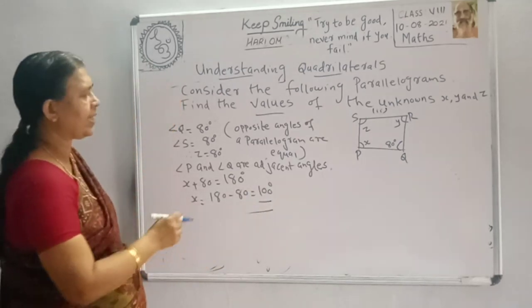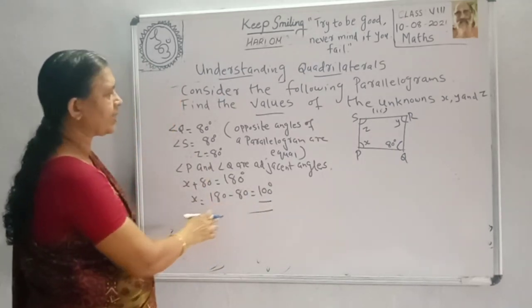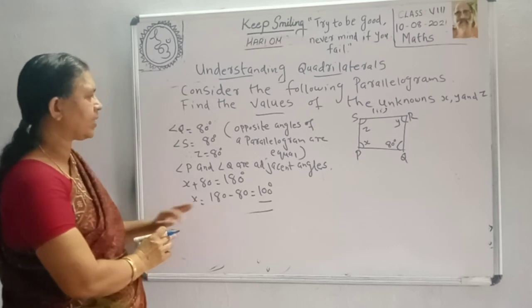Therefore, we got Z is equal to 80 degrees and x is equal to 100 degrees. Then what is the measure of y?